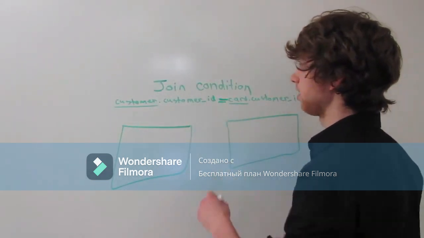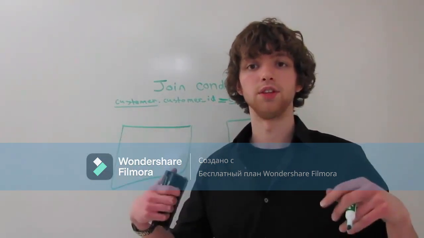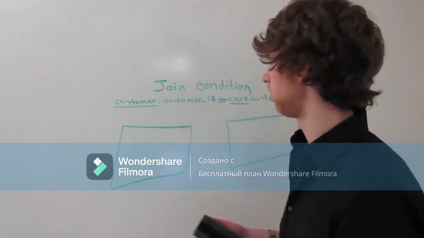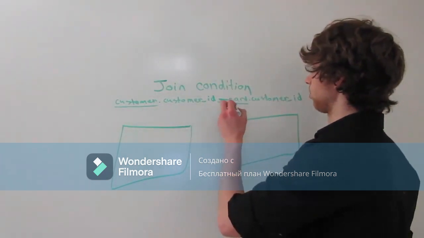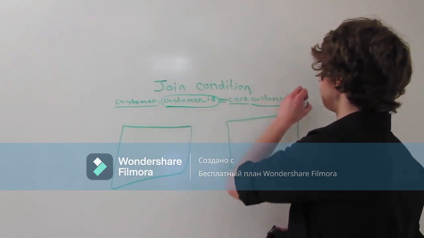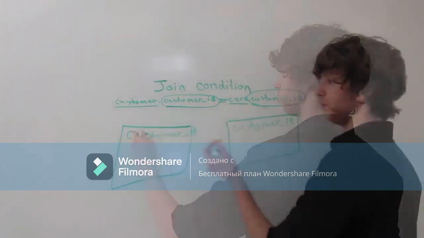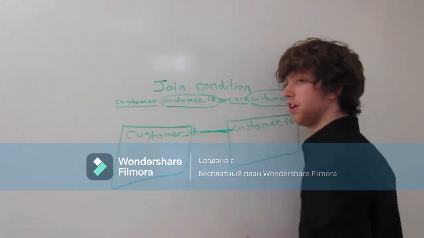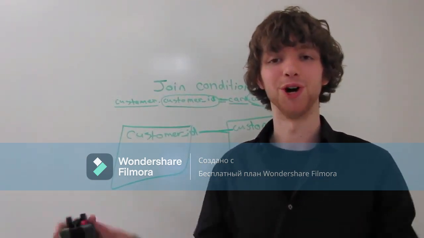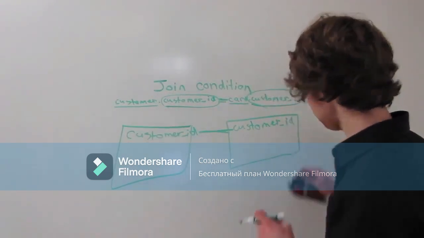This is saying that we want to join 2 tables, and the rows that need to be connected are connected by the column customerID and customerID. So the 2 columns here make a connection, and our join is going to be built upon that, so we know where to connect things.